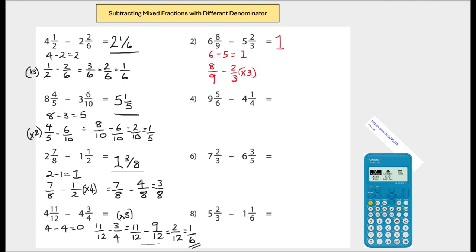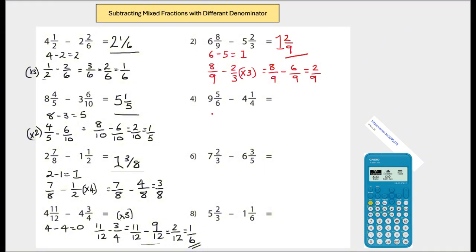What you do to the bottom, you do to the top. So we have 8 over 9, subtract 2 times 3 is 6, 3 times 3 is 9. Gives you 2 over 9. And obviously, you can't simplify 2 over 9. So your new answer is 1 2/9.